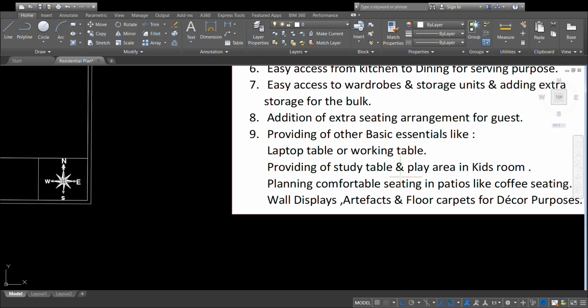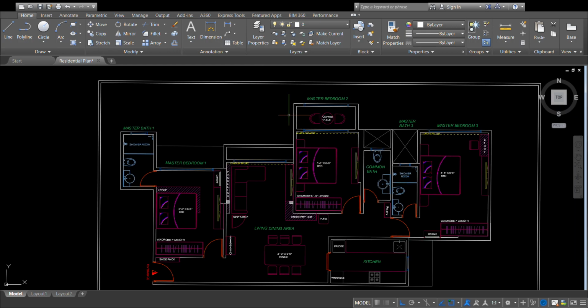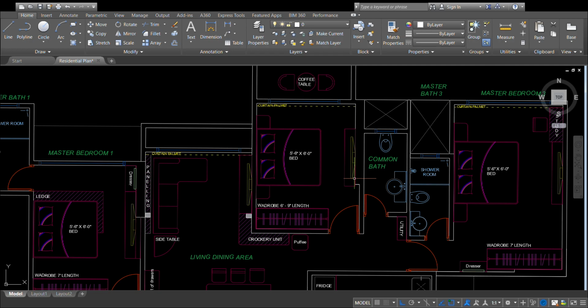Next is providing a study table and play area in the kids room. So here in this layout, we don't really have a kids room. But if you had a kids room, like for example, say this would have been a kids room, what you can do is focus on the study table, which is very important, and the play area, which is very important. Now if this becomes a kids room, we will have smaller beds, smaller storages, and we will probably not have an LCD there, so we'll have more space for a study table.